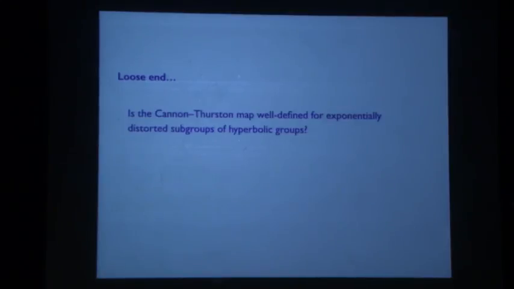Subgroups of hyperbolic groups can be undistorted, but if they're distorted, then it turns out the distortion has to be at least exponential. So this is the minimal possible distortion. We still don't know whether this always gives rise to Cannon-Thurston maps.